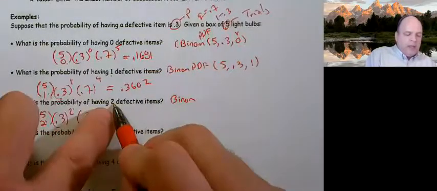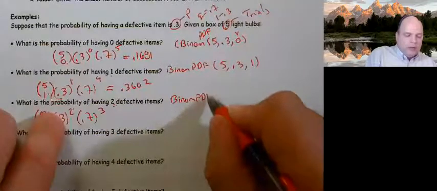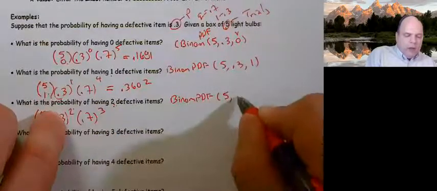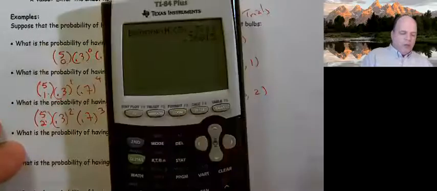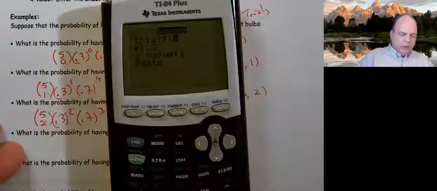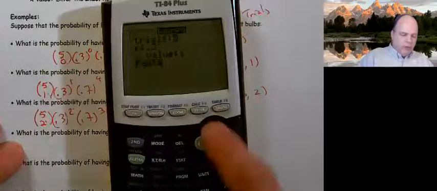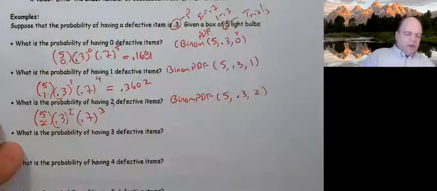It's a PDF because it's a specific singular value. So PDF 5, 0.3, 2. So second vars binomial PDF, change my X to a 2. And I get 0.3087.